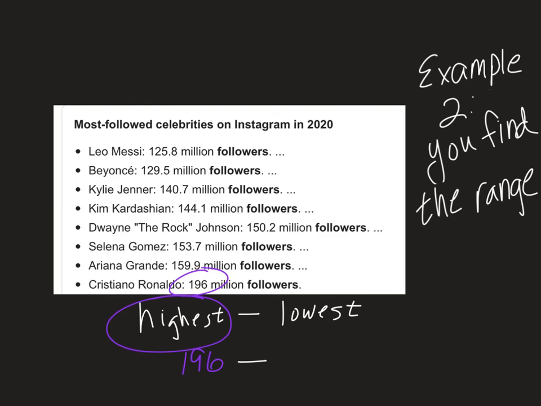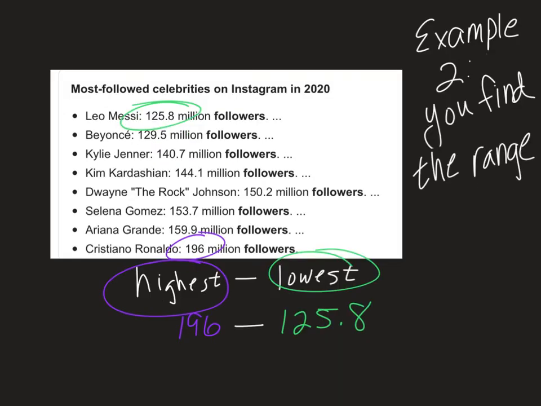And we're going to subtract the lowest, which is 125.8 million. So after I do that subtraction, I got 70.2 million. So 70.2 million is the range.